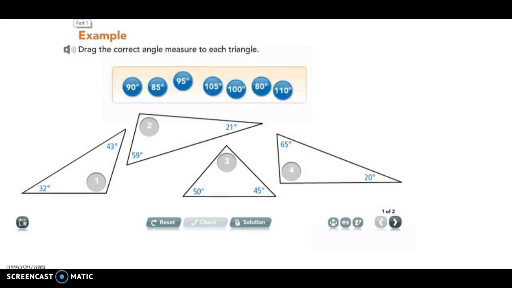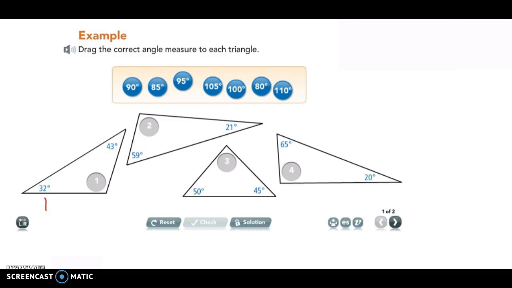Okay, so let's look at part 1, and you have four different triangles here, and all four of those triangles are going to equal 180 degrees. So we need to find the third angle for each triangle that has been shown.